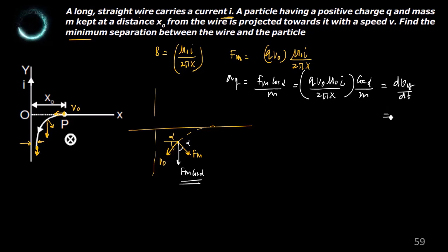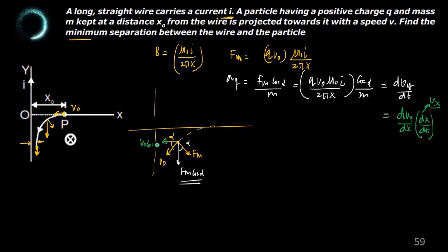Now dvy dt can be further simplified as dvy dx into dx dt. What is dx dt? dx dt is the velocity along the x direction, and that component is basically v naught cos alpha.